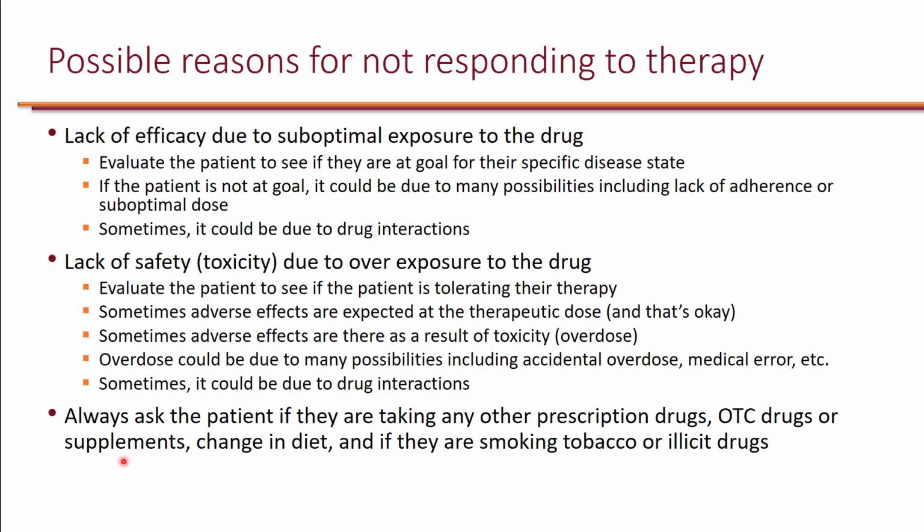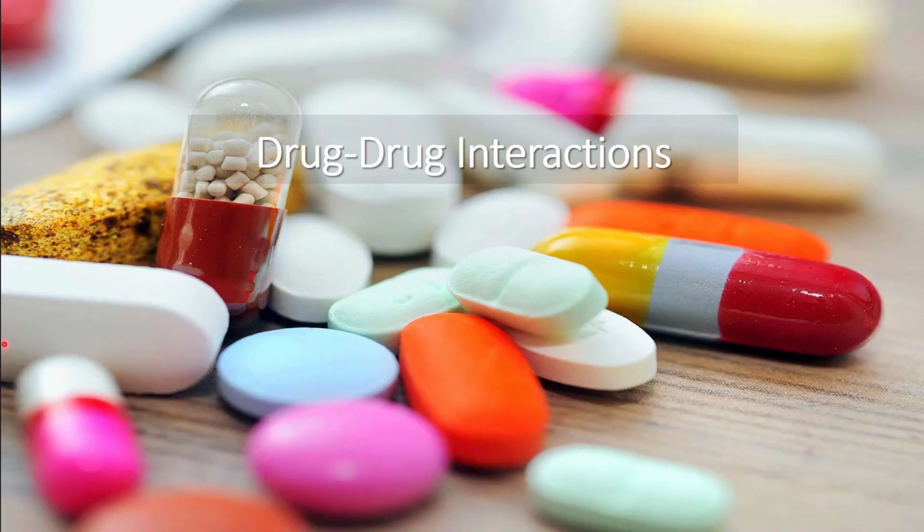Did they start smoking or use any other illicit drugs? Those are the things that you use as part of your clinical reasoning to identify and catch drug interactions. And then you have a better idea of how to manage those drug interactions. The ultimate goal is to improve the efficacy and safety of patients' treatment. This concludes this presentation.